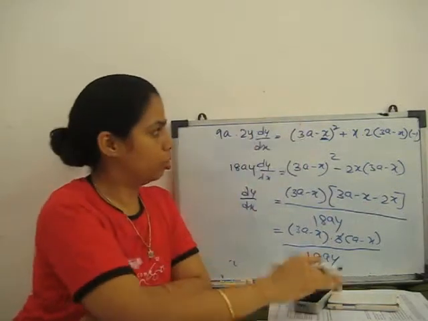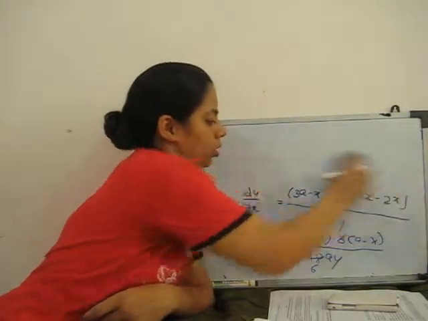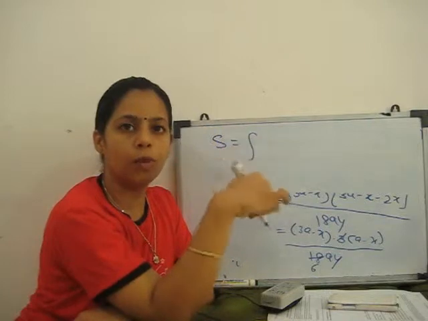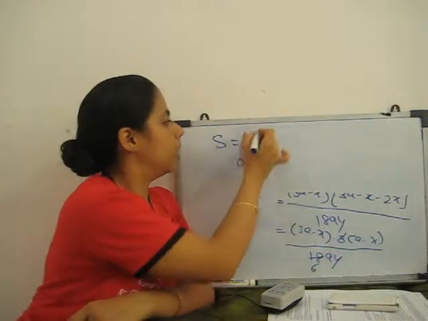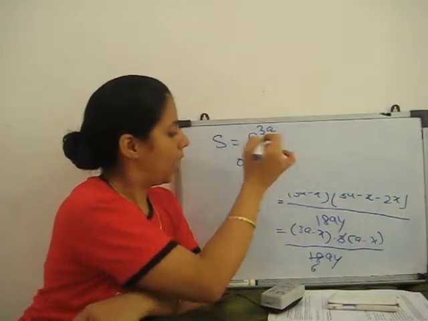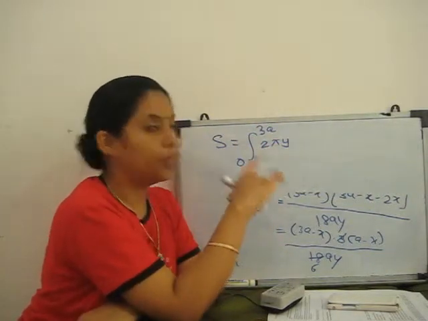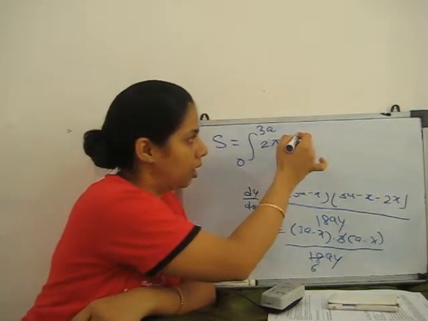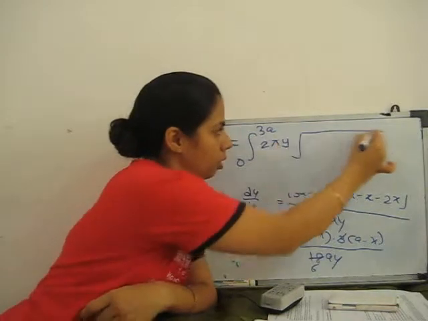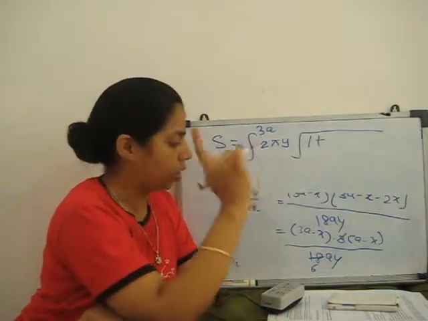We have to substitute this value in the formula for revolution. So S is equal to integral of x going from 0 to 3a, which we previously found out. Next 2 pi y under root of 1 plus dy by dx whole square.